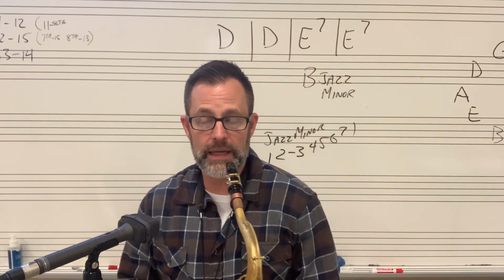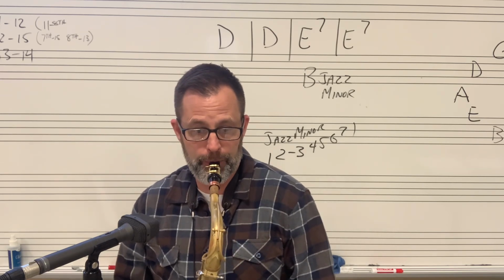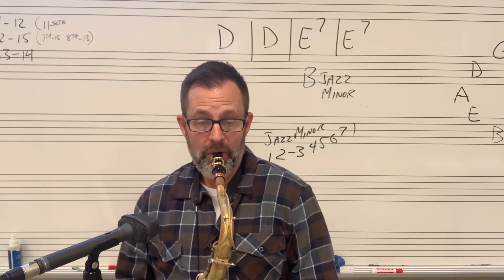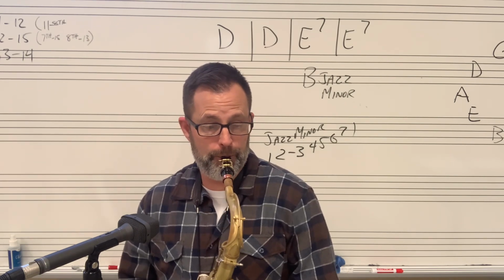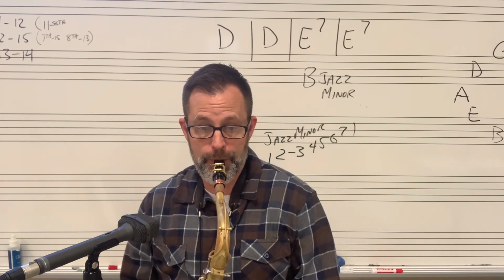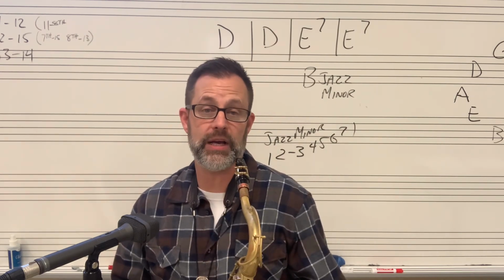So that gives you the idea. Over that E7, I'm going up. Here's the E. Go to the 5th degree, which is the B. And using that jazz minor.